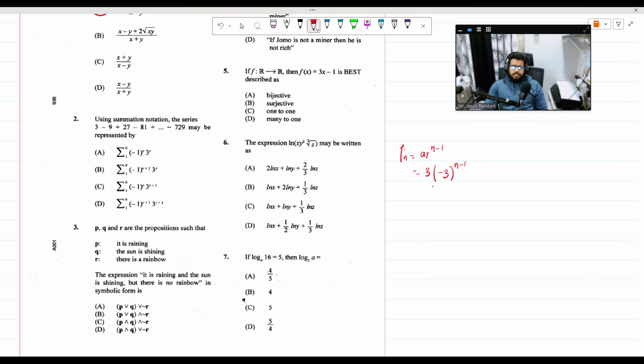And what they did here, they did 3 multiplied by minus 3 to the n multiplied by minus 3 to the minus 1. They didn't do that. So they would have just introduced the alternating factor. So I'll say it's 3 multiplied by.